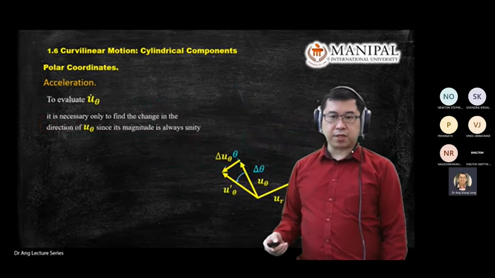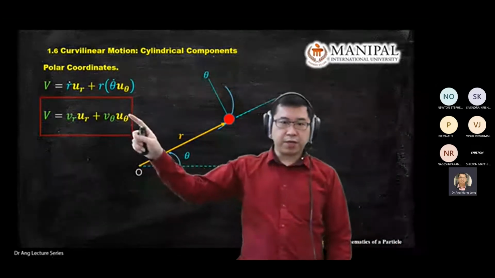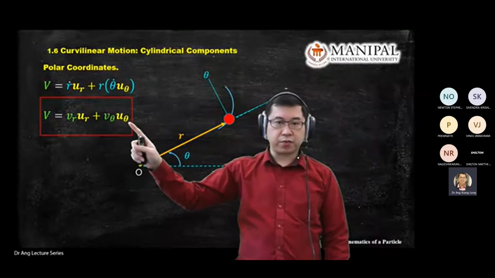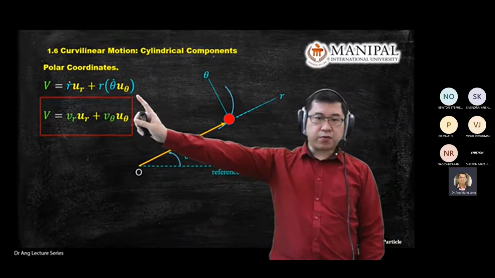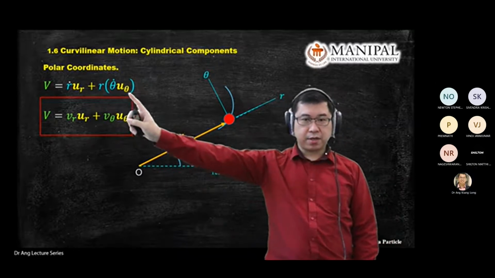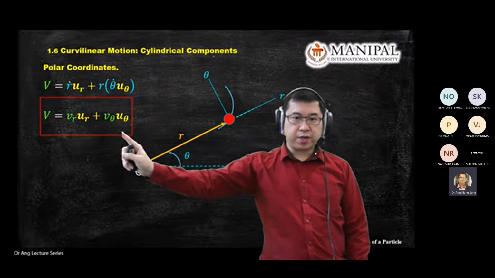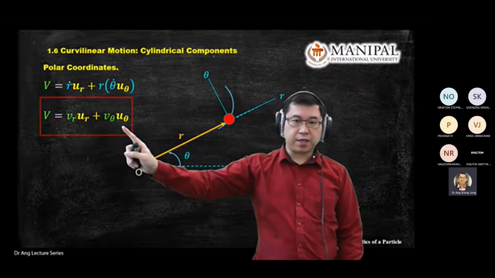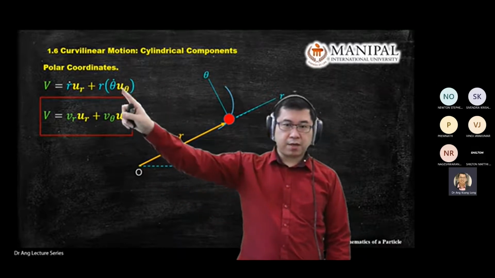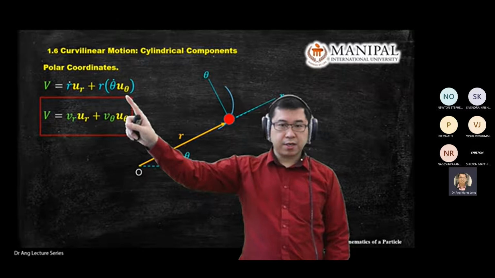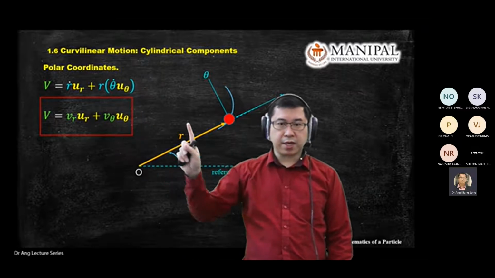Same with the velocity also. Your velocity equation, v equals v_r u_r plus v_theta u_theta. So to find your v_r, you need r dot, in the blue color, times u_r, plus, if you want to find the v in the transverse direction, you need r times theta dot times the u_theta direction.